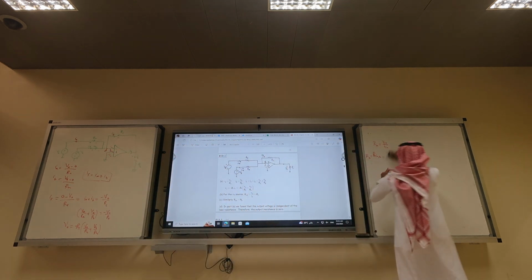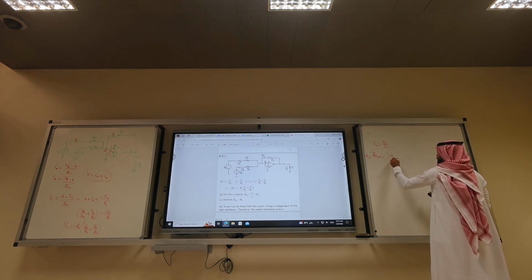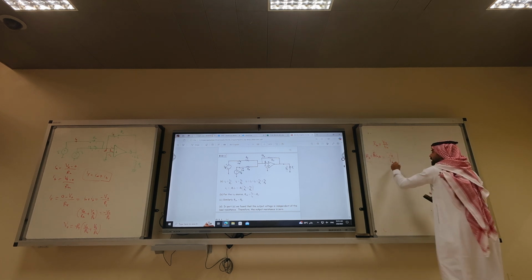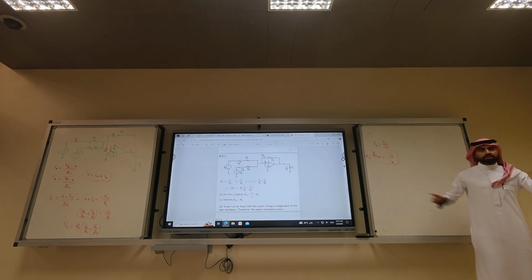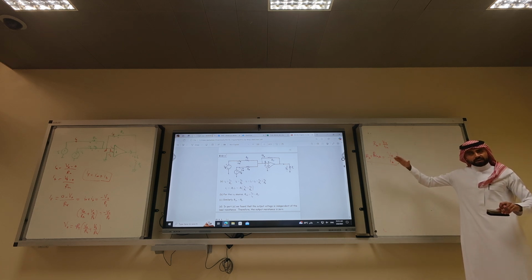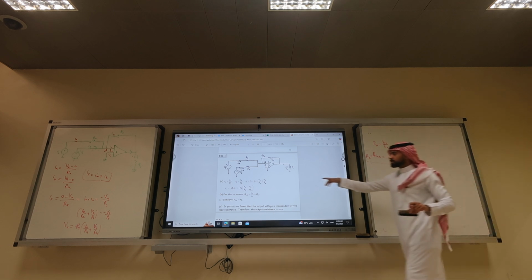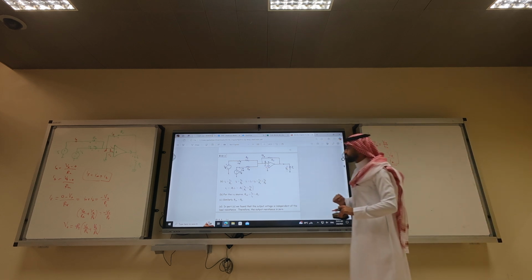Similarly for part B, the input impedance is VB over IB, which is equal to RB.